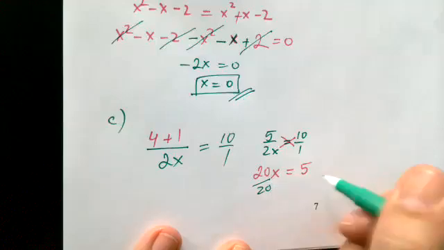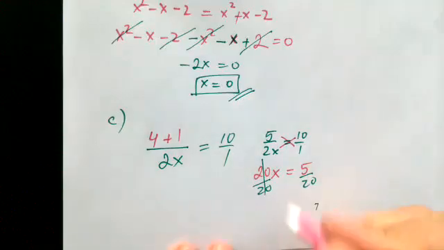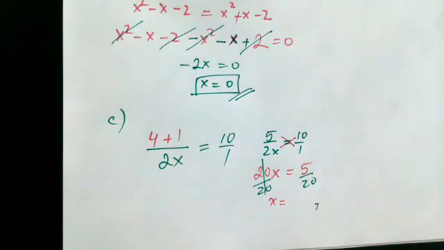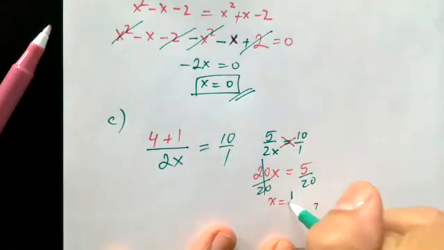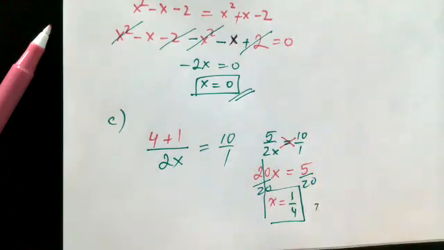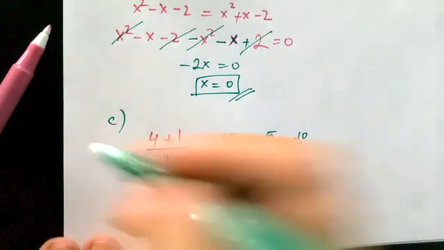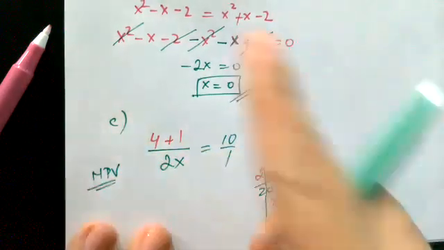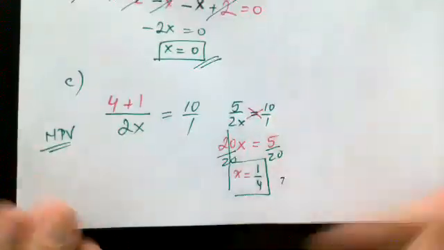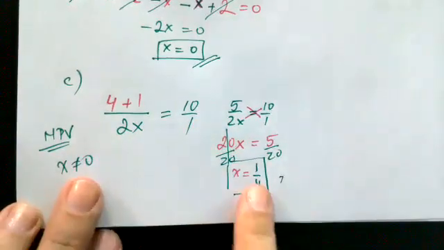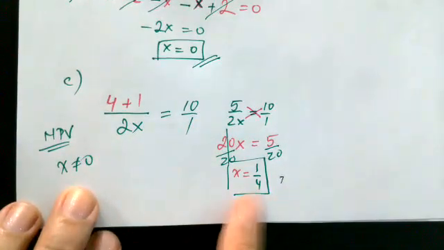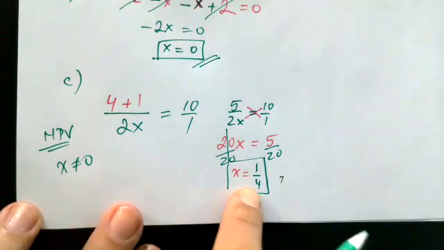Divide by 20 both sides. x equals 5 over 20, or in the simplified version, 1 over 4, 1/4, right? NPV, let's see if we keep that. NPV for the original one is x cannot be 0. 1 over 4 is not 0, so this is a solution to our rational equation as well.